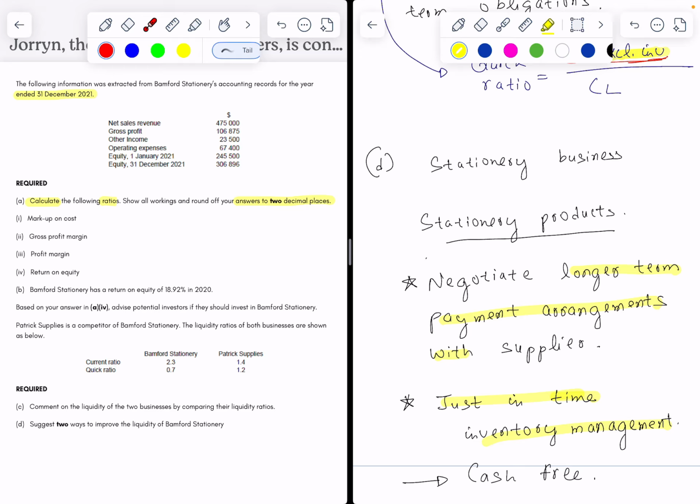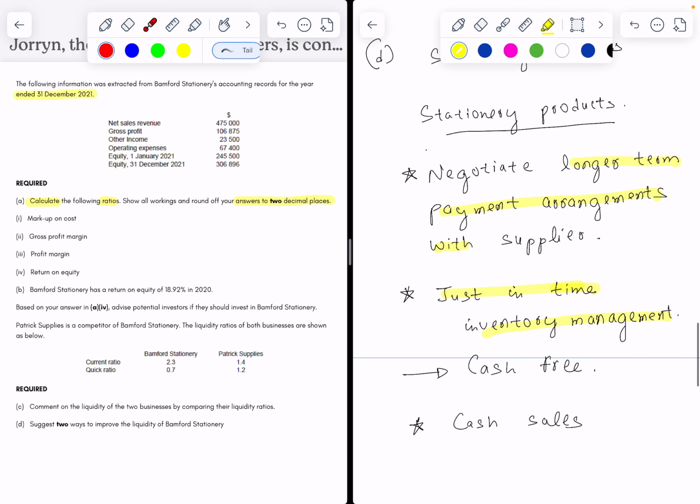And every time you come into arrangements with new customers, you could perhaps enter into a cash sale arrangement, all right, where you could have a lot of cash in your books, and that should always be enough to service and pay off your short-term obligations. So when you structure your responses, you could apply multiple angles and construct a nice answer for full marks, okay?